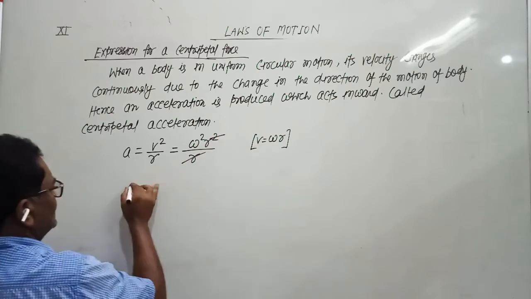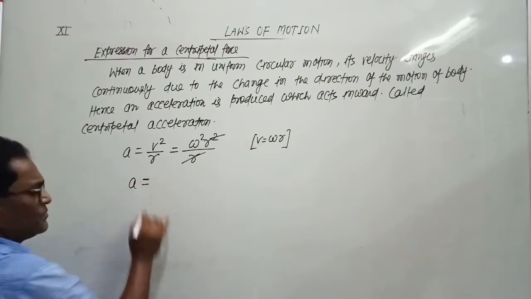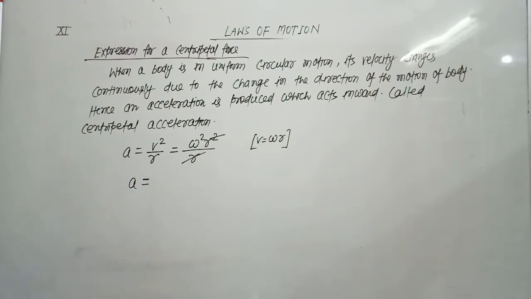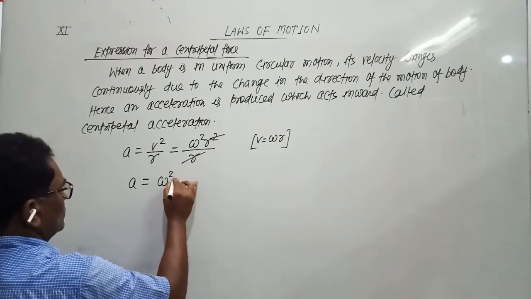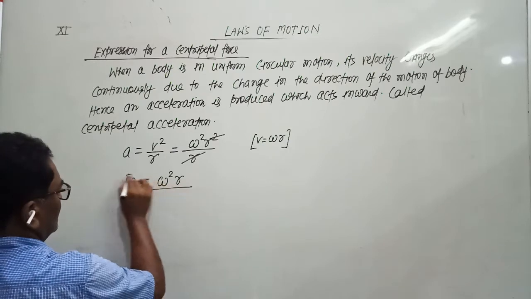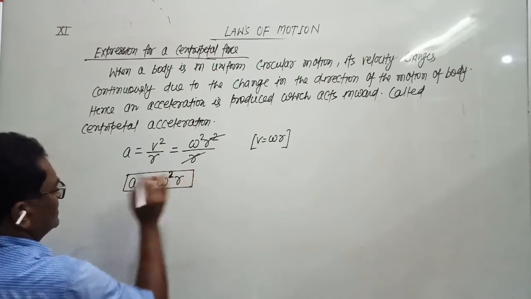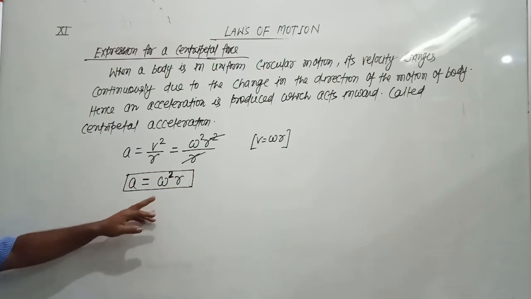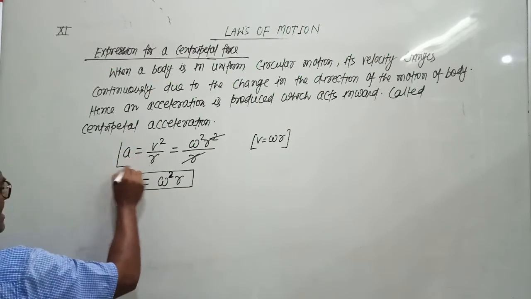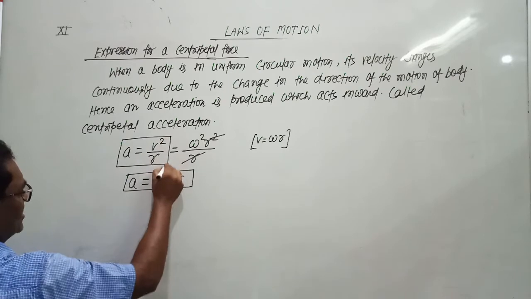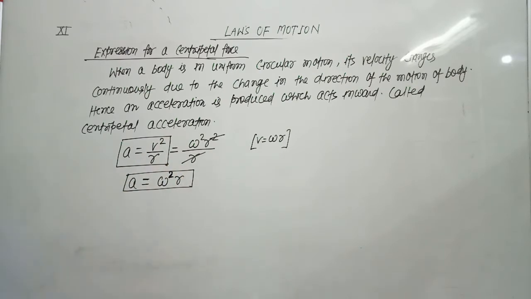One r cancels, and we get the expression for centripetal acceleration a equals omega square r.